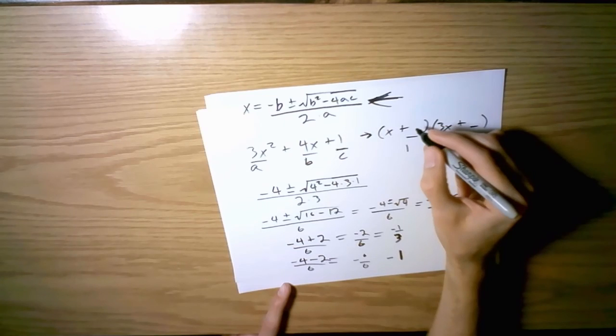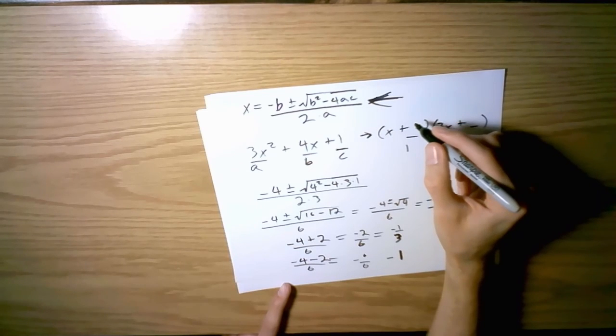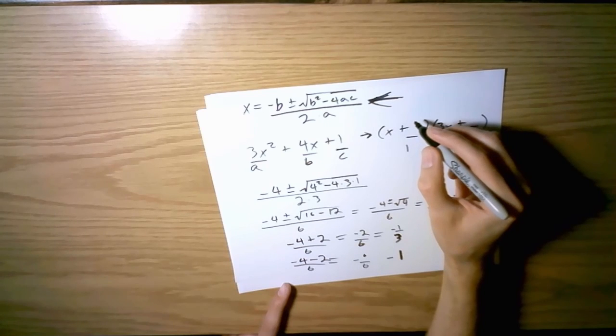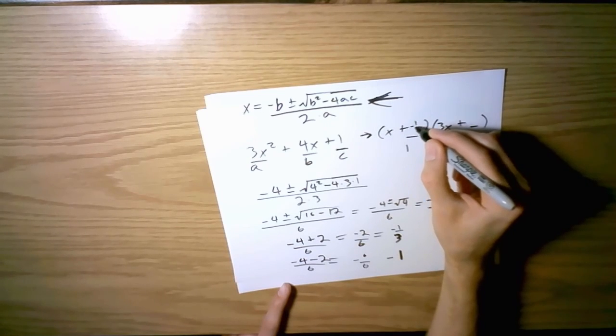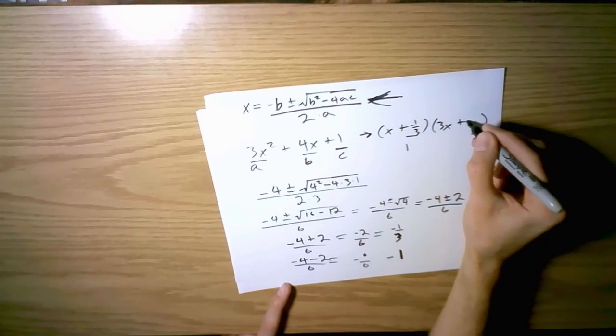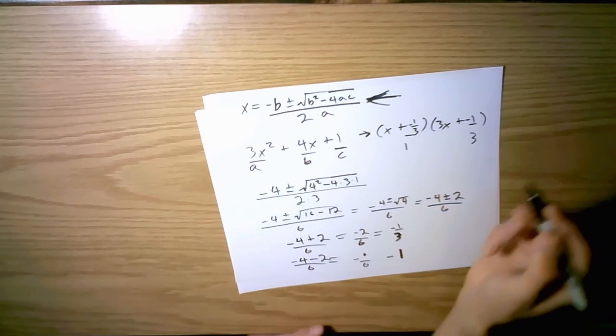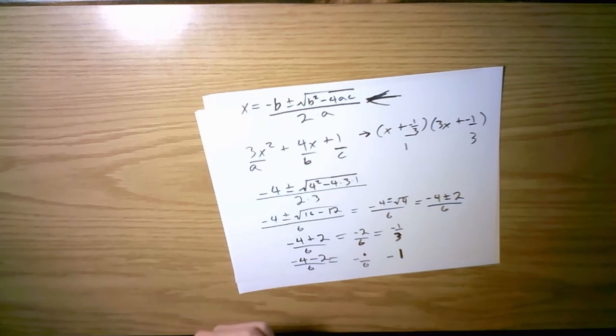So negative 1/3 goes here, and negative 1 goes here, and those are the answers to our equation. So that's it. Thanks for following along.